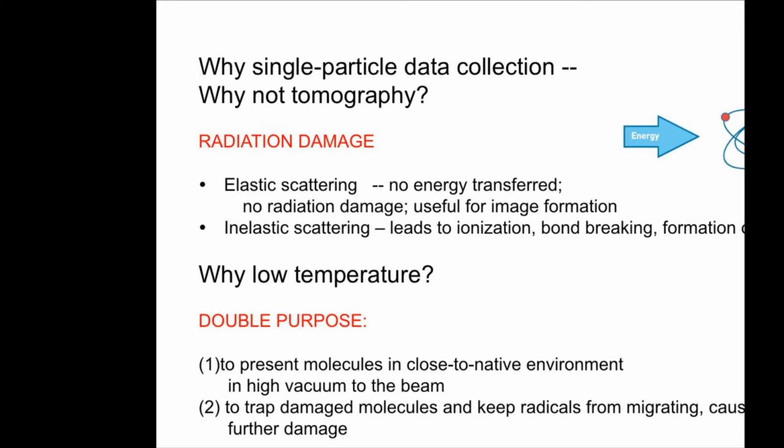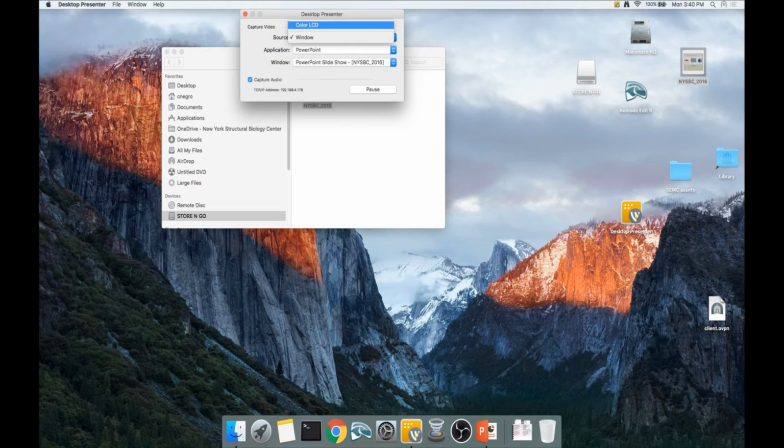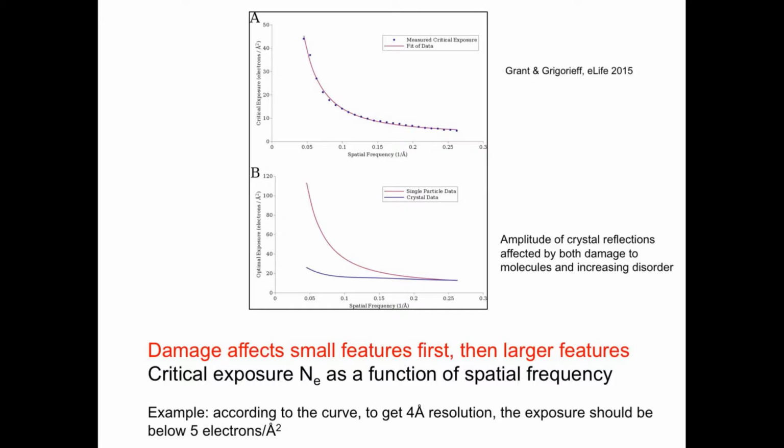Okay, we've been talking about radiation damage. The damage affects the small features first, and then the larger features. So if we have a molecule and we keep irradiating it, we get the deterioration of secondary structure and so forth, and then it gets worse and worse, and we get a more and more blurred image of the molecules.